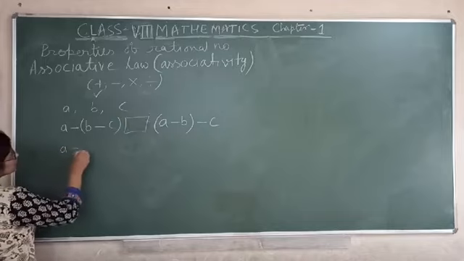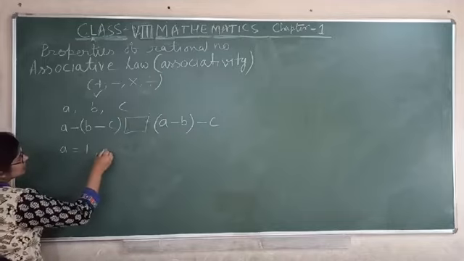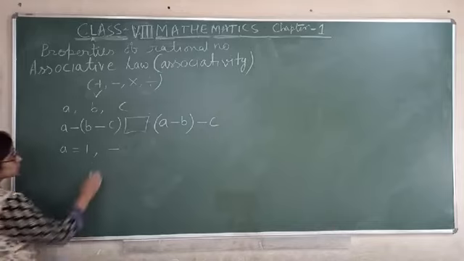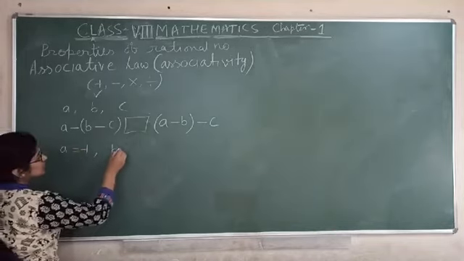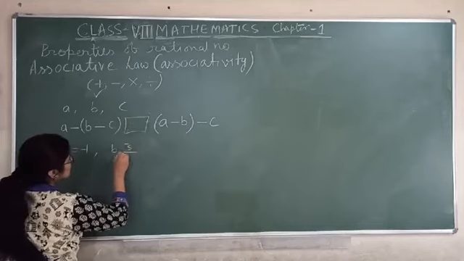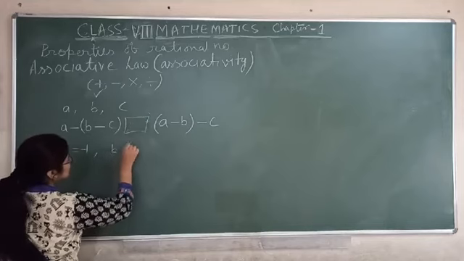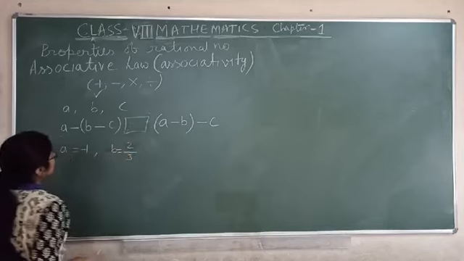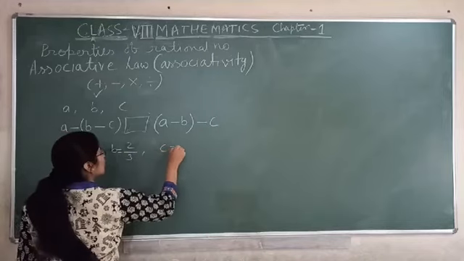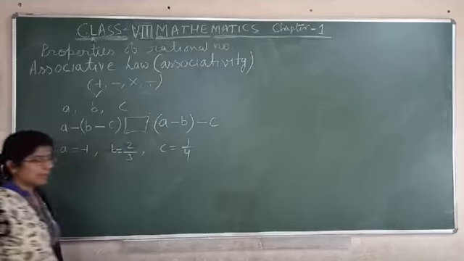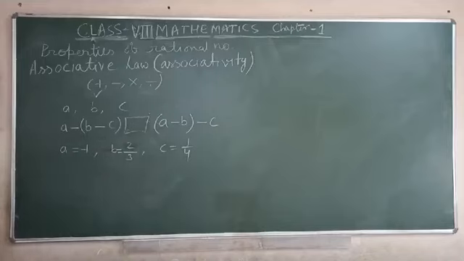Let A equal minus 1, B equal 2 by 3 I am taking, and C equal 1 by 4.